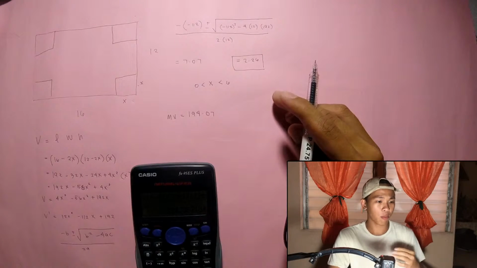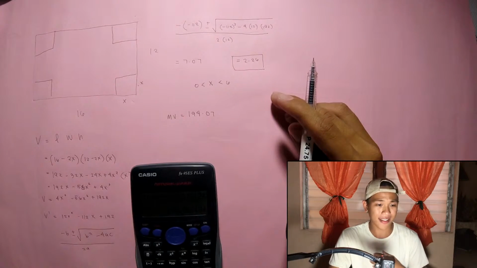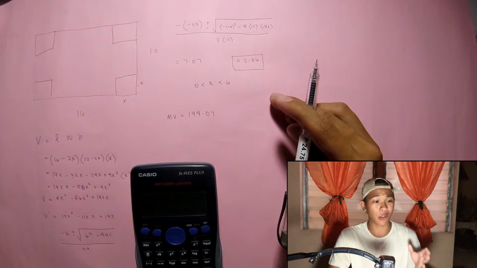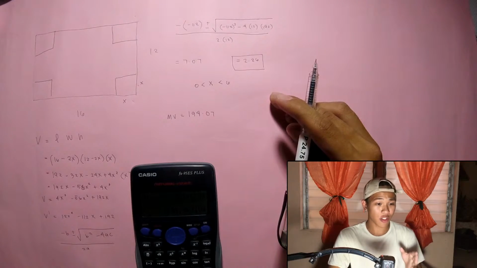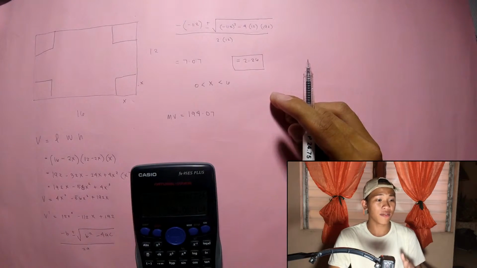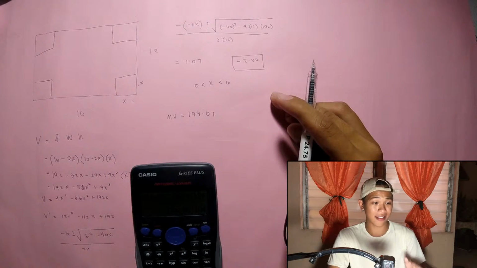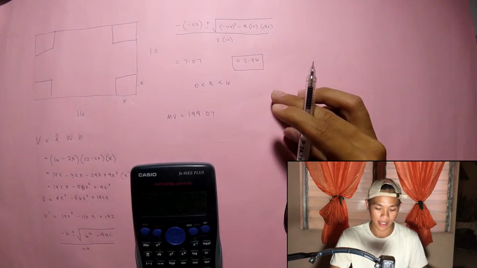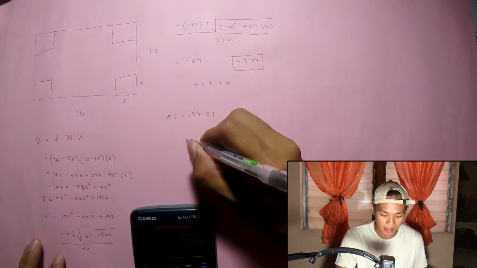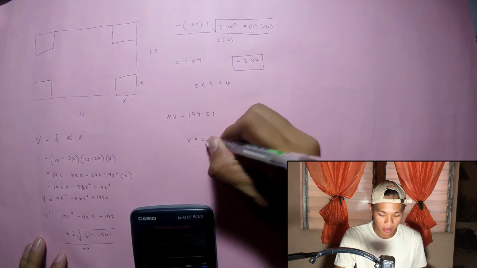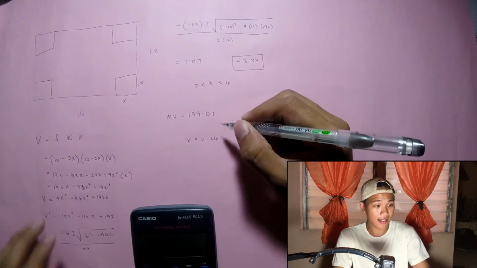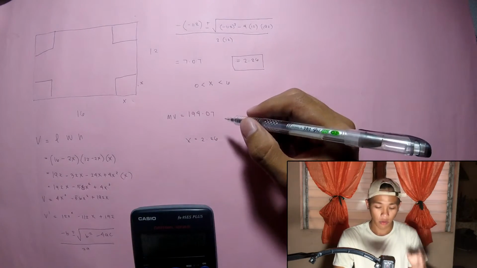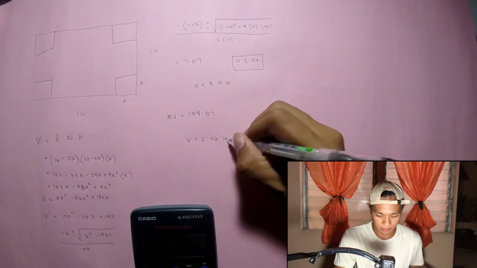A box with no top will be built by taking a 12-inch by 16-inch sheet of cardboard and cutting x inches out of each corner and folding up the sides. Find the value of x that maximizes the volume of the box. So we have here 2.26. So x is equal to 2.26, and since the problem uses inches, we will use inches as well.